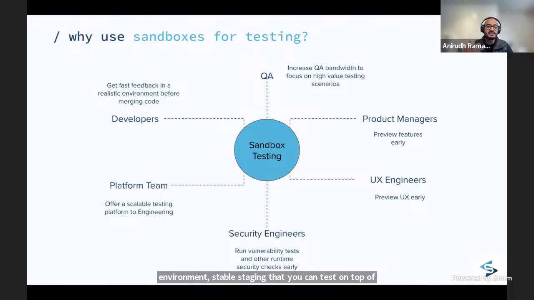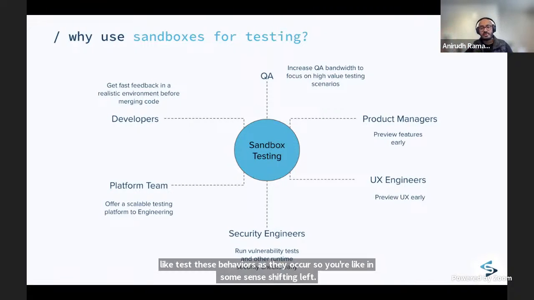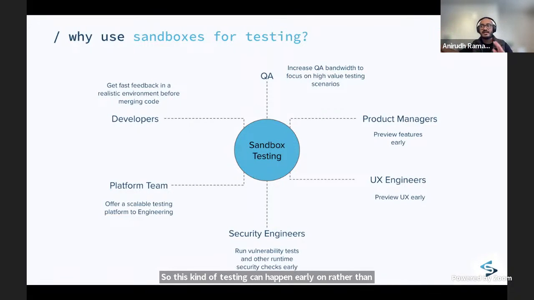This kind of testing can happen early on rather than waiting for changes to merge. And then, of course, PMs and UX engineers get a very high fidelity look at your application before it even goes out, so you can have preview environments. And last but not least, you can run runtime security tests on those sandboxes as well, which gives you, again, early signal before you merge.